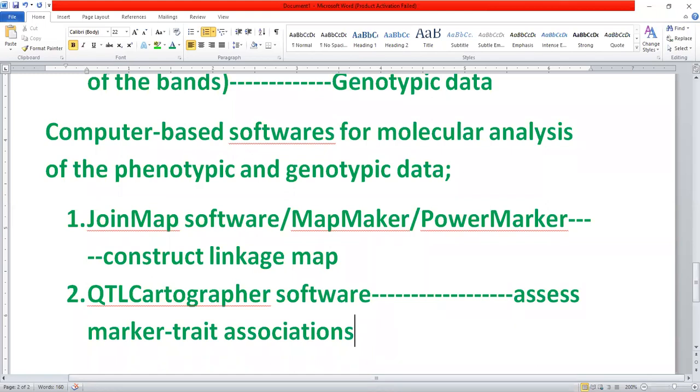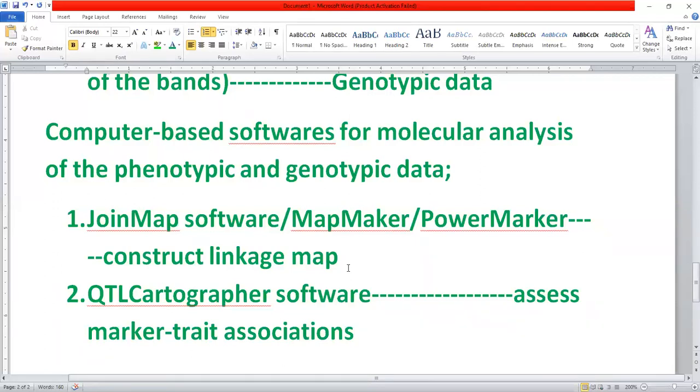Out of these 250 polymorphic SSR markers, maybe 220 are located on the linkage map, and out of these 220, maybe some markers are associated with plant height.